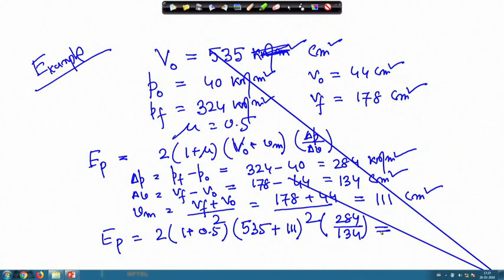That value will be equal to 4107.4 kilonewton per meter square, because the centimeter cube will cancel. So, this way we can calculate Ep, and if you have other data also, we can calculate the other soil properties.